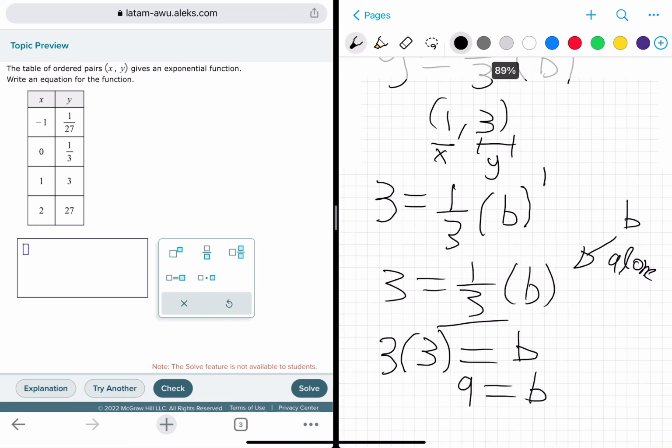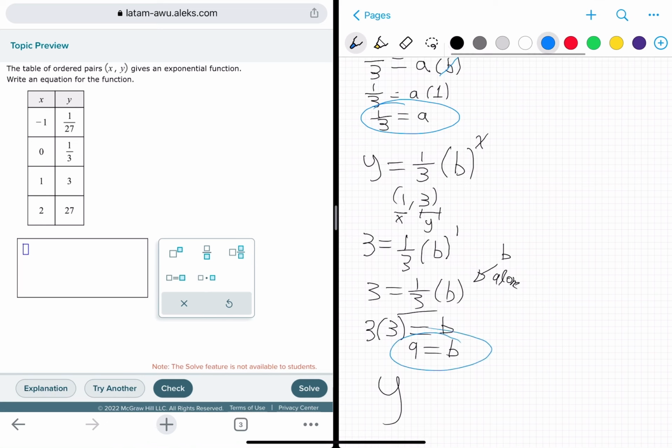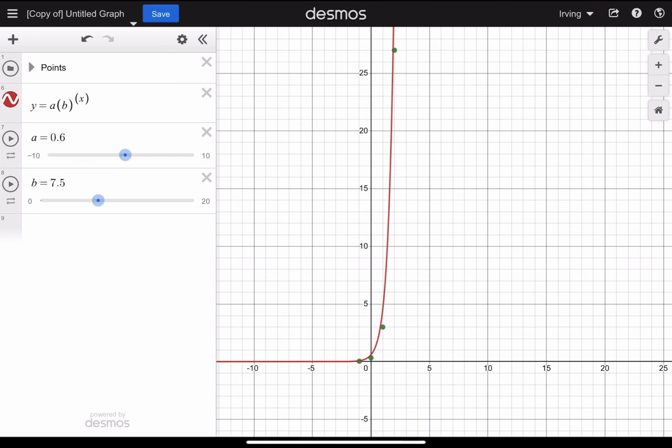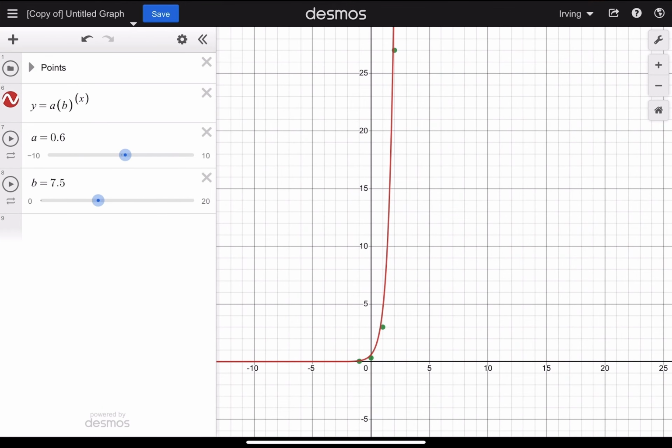So I know the two values, 1/3 and 9. My function, and I'm going to highlight it here, should be 1/3 times 9 to the x. That is the function that makes this fit. If I go to Desmos and set a to 1/3, which is about 0.3 here, and b to 9 here, perfect, right?